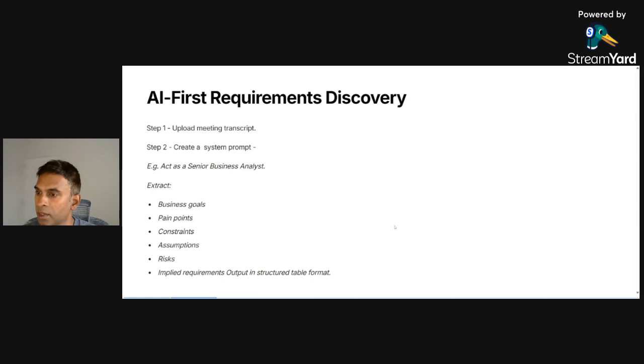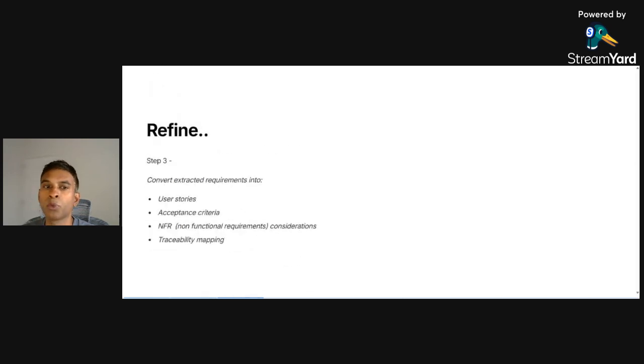My third step would be to do some sort of a refinery session with the LLM or the AI agent. So I asked it to extract requirements into user stories if it can find them, acceptance criteria, non-functional requirements considerations, what are those, and if there is any important traceability mapping that needs to be done on that workflow.